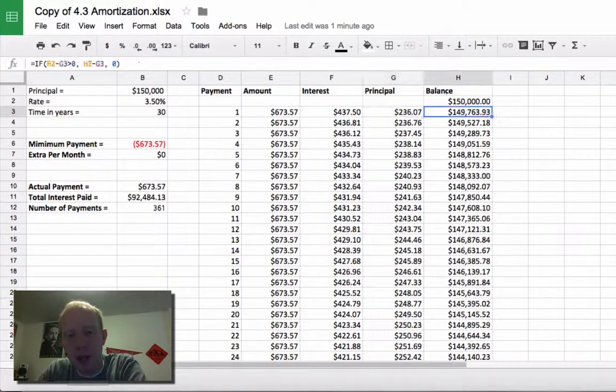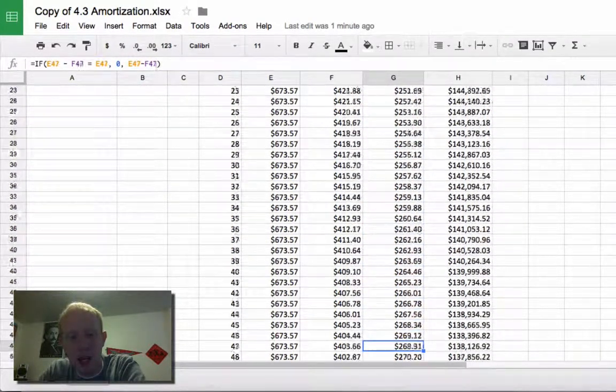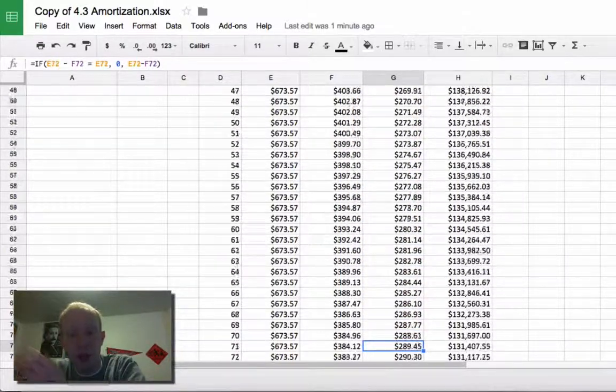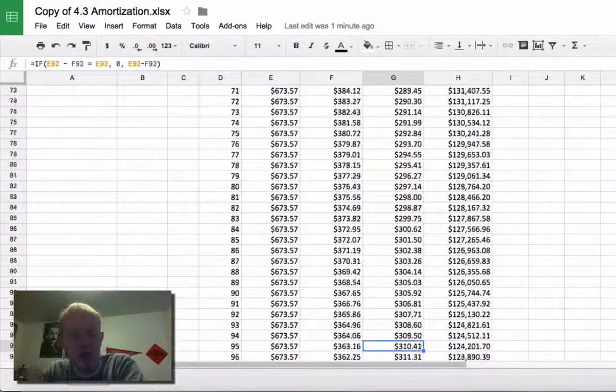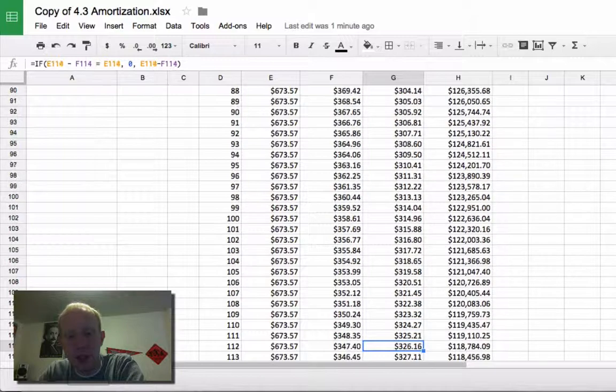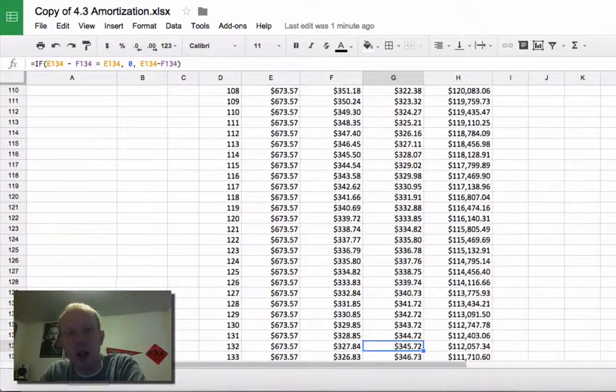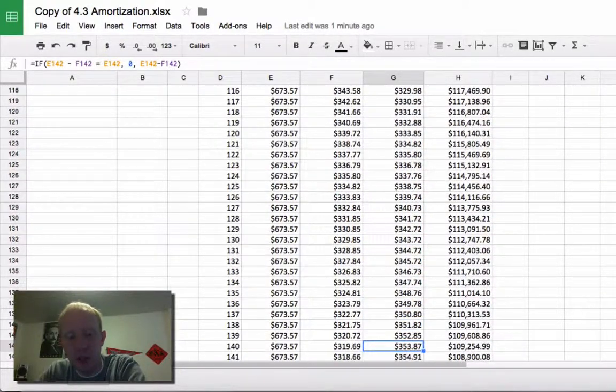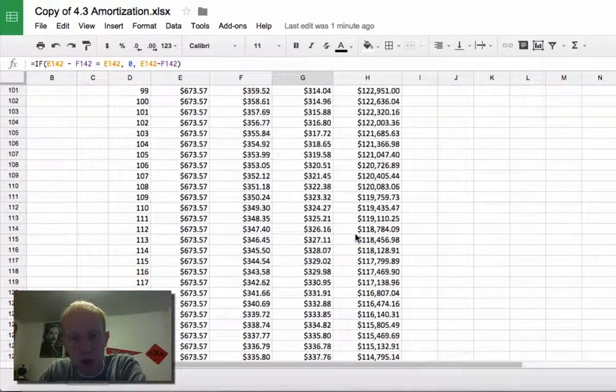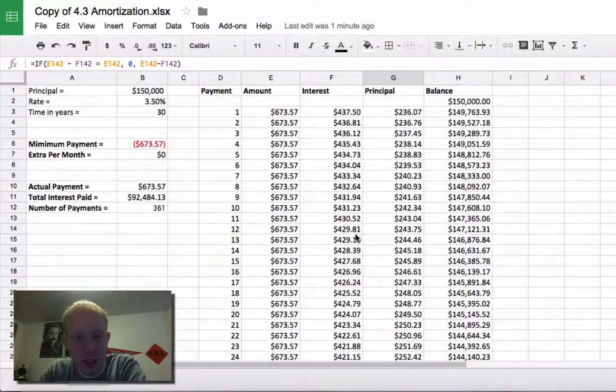So I can only take $236 off my balance. After 2 payments, we can see 3 payments, and so on and so forth. It goes all the way down to 360 payments, and it shows us all the interest paid, all the principal paid, and the balances after each month. So we can see exactly what our balance will look like after each individual payment. It's a pretty cool sheet, and it tells us a lot of information.